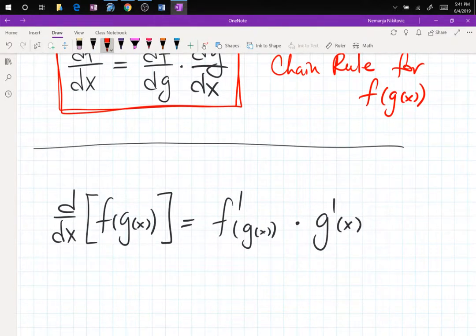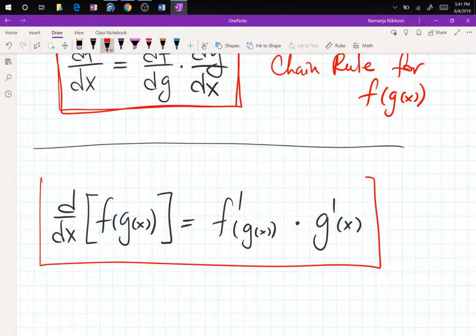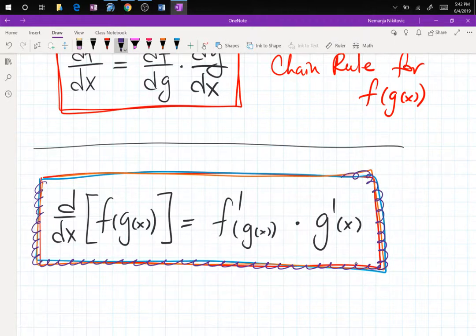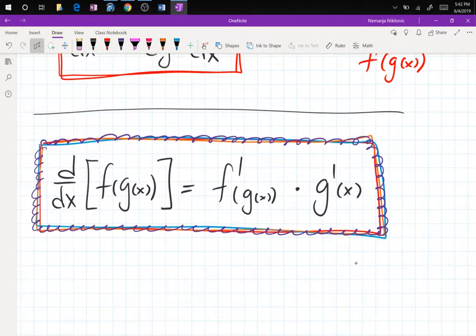So this is the formula which we use to calculate stuff. That would be our main formula.